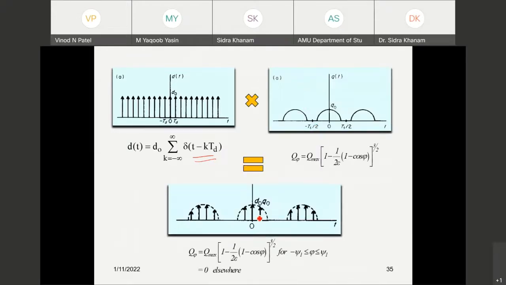Ultimately, we can derive the Q value using this, or the impulse generated due to the defect under the load zone will be this one. Outside the load zone, the defect magnitude will be very small, so this is considered as 0 by McFadden and Smith.